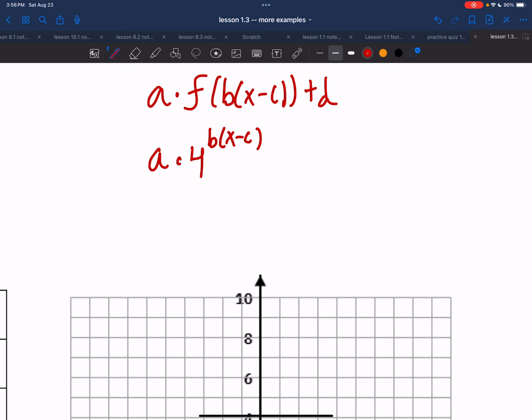The a value would be multiplying on the outside next to the 4, and plus d would be right over there, okay? I think for students, exponential functions are probably the most tricky ones, because it's kind of weird having the horizontal transformations up in an exponent, those little tiny numbers. But that's it. That's the equivalent form for exponentials.